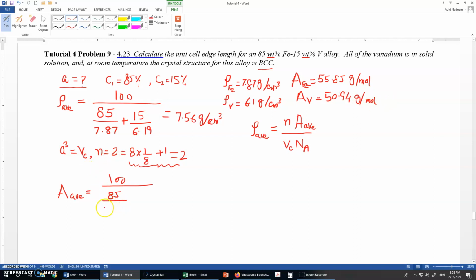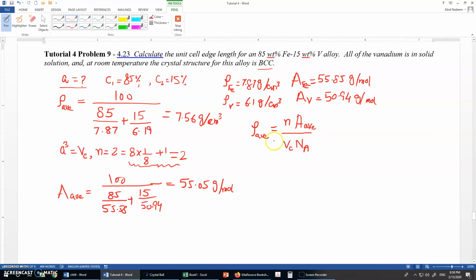So 85 divided by 55.85 plus 15 divided by 50.94, this will be 55.05 gram per mole.